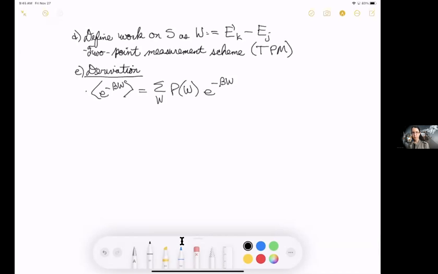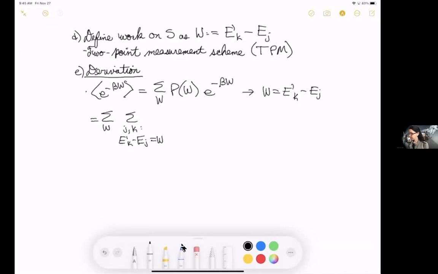So each value of w, we said equals e prime k minus e j. We can make that replacement. And the sum is going to be over the e j's and the e prime k's, whose difference is w. Now we have a sum over the work values and a sum over the indices j and k, such that e prime k minus e sub j equals w.